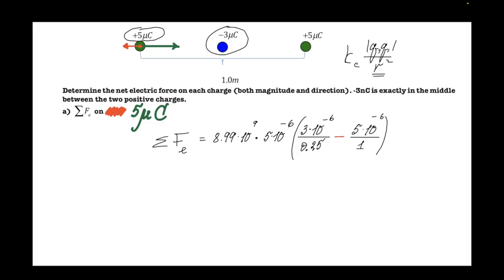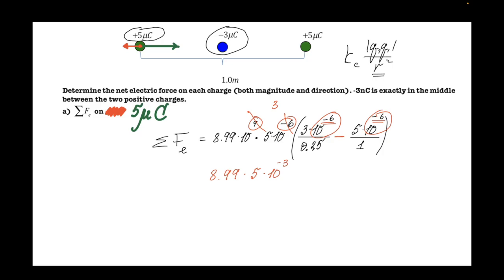Before we do that though, let's make our life a little bit easier. So I have 10 to the 9th and 10 to the negative 6th. That would give me 10 to the 3rd. And then these have 10 to the negative 6th and 10 to the negative 6th. So what I can do is 8.99 times 5, and then times 10 to the negative 3rd. We'll take out these.